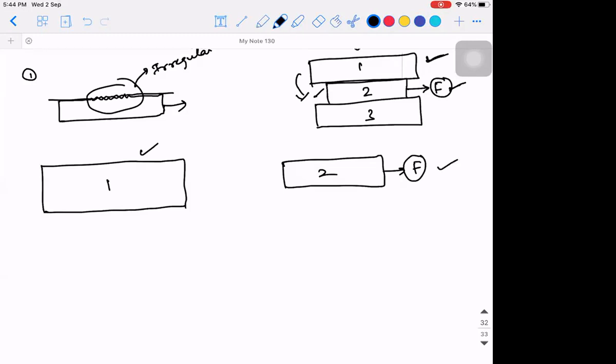When you apply this force, the second object will actually try to apply a small force F, which is called friction, because there is already interlocking existing between whom? Between the first and the second book. The second object will try to apply a frictional force in which direction?